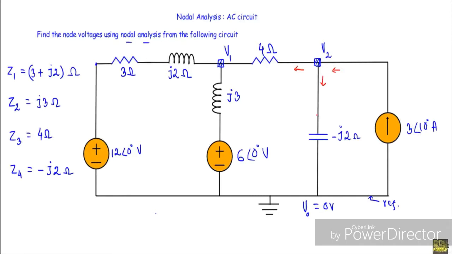So in these two directions current will be unknown, and from this direction current will be entering. Now, if I apply Kirchhoff's current law at this node, I will get (V2 minus V1) over Z3 plus V2 over Z4 equal to 3 phase angle 10 degree.